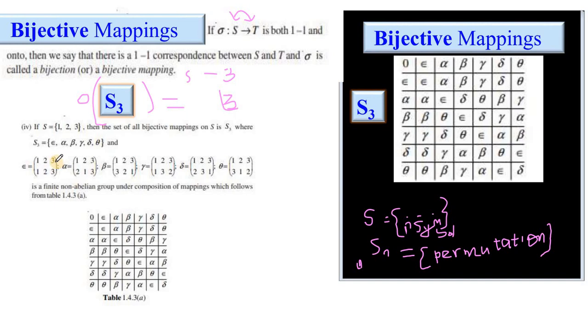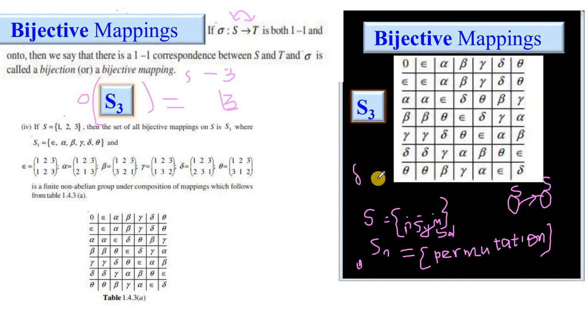There are only 3 elements, the elements of S. You have domain to be S and codomain also to be S. So when we consider the identity mapping, it takes any element to itself: 1 to 1, 2 to 2, 3 to 3. In alpha we fix 3, so the other 2 are permuted. In beta 2 is fixed. In gamma 1 is fixed. And in delta we write cyclically.